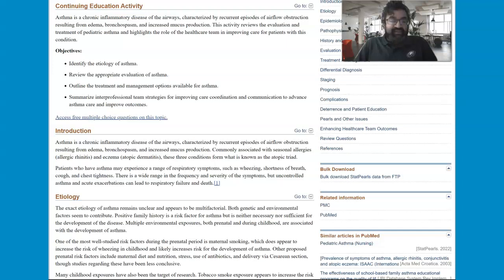It's commonly associated with seasonal allergies, allergic rhinitis triggers, eczema, and atopic dermatitis. Allergic rhinitis, eczema, and asthma are the atopic triad.